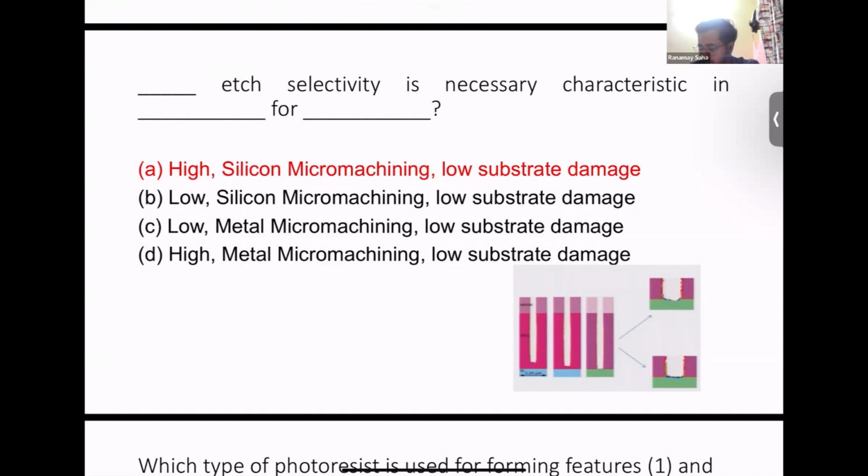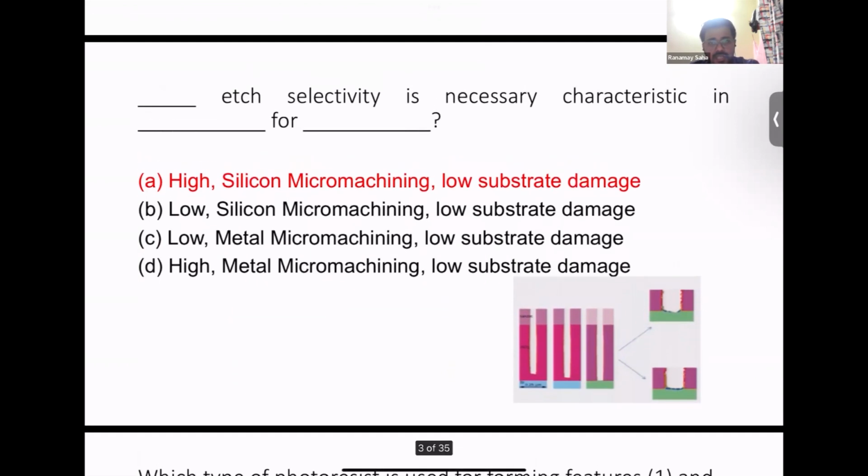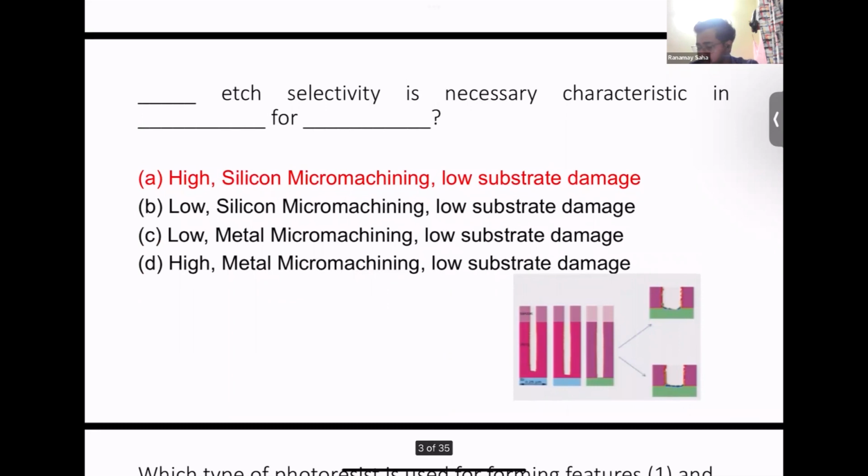Now, in this diagram at the corner of the current slide, you can see the two etching systems. First one is for a low etch selectivity system, and the second one is a high etch selectivity system. So when the etch selectivity is high, the substrate damage becomes low. Only the walls get etched, and the substrate surface remains negligibly damaged.